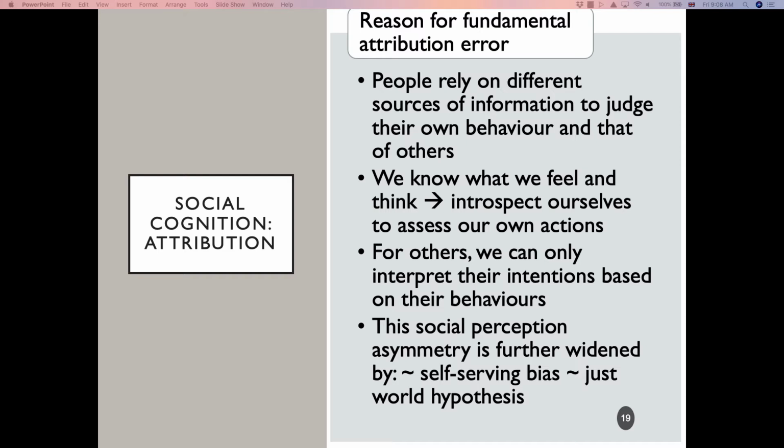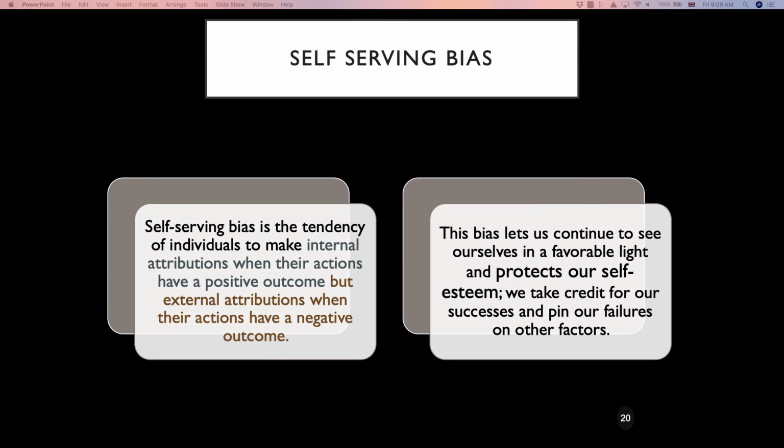Now there are two other factors that are important in social cognition and attribution, and this is the self-serving bias and the just world hypothesis.